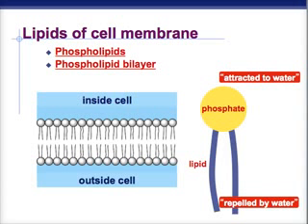This phospholipid bilayer is designed so that the hydrophilic side, the side that is attracted to water, faces both the inside of the cell and the outside of the cell. And the lipid end, which is the hydrophobic end, faces inward. Since it is two layers of phospholipids, it is called the bilayer.